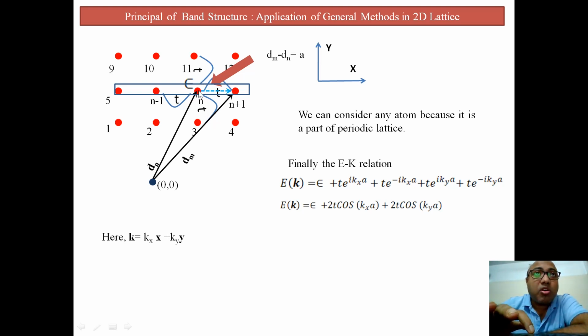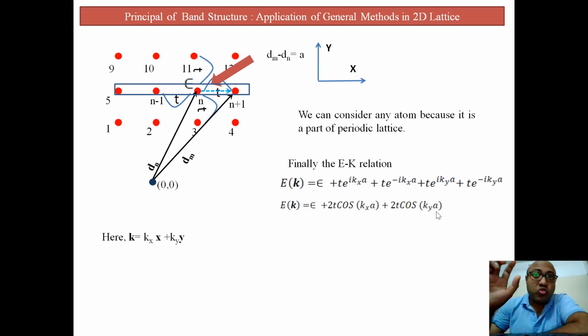So what is the component of k here? It is ky. And what is the lattice constant a? So that is kya and e to the minus ikya. So this is from here to here. That is ky. And if you do all this calculation, you will get epsilon plus 2t cos kxa plus 2t cos kya. That is actually the EK diagram of two-dimensional lattice.